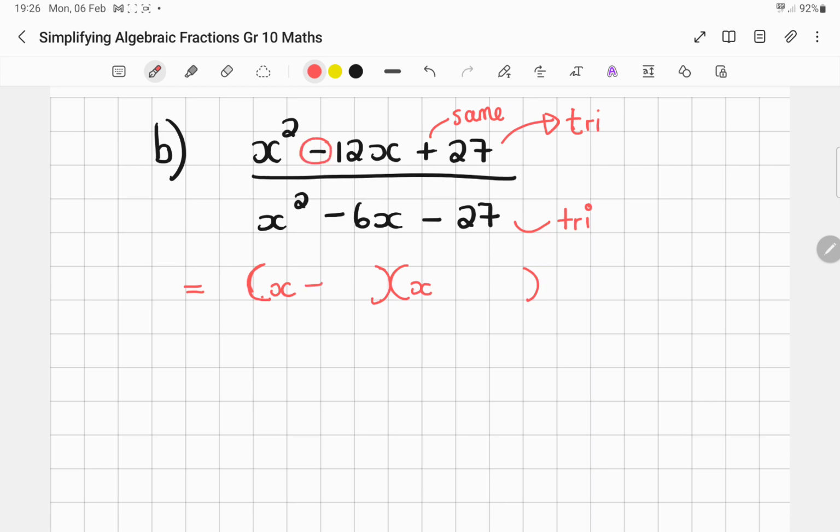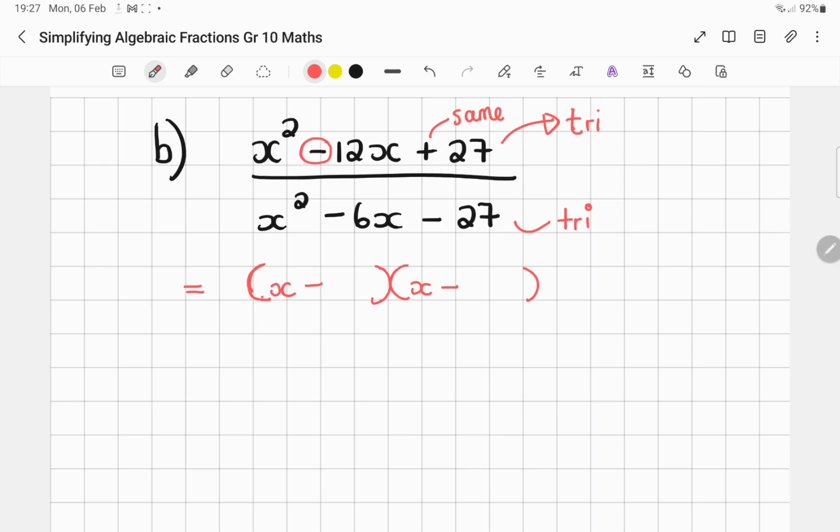They are both negatives. Now these ones you must be able to do with your eyes closed. You mustn't even doubt yourself with the signs. You have to have the signs perfectly right, and the numbers perfectly right, and then you need to test yourself. So what times what gives you 27, and if you add or subtract gives you 12?